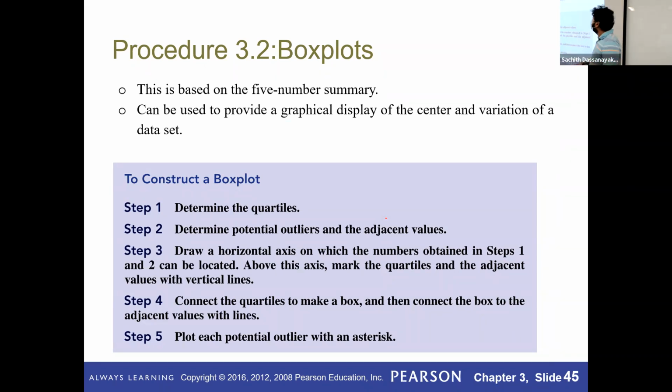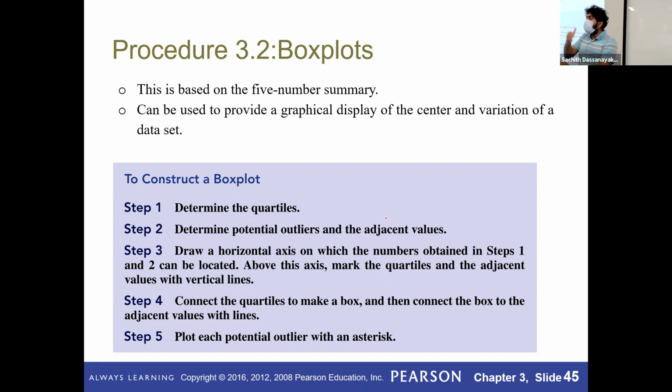That's the important part. First, to draw this box plot, you should find Q1, Q2, Q3. Then find lower limit and upper limit. Those are the steps. I'm explaining these steps one by one. Third step is to identify if you have any outliers using lower limit and upper limit.